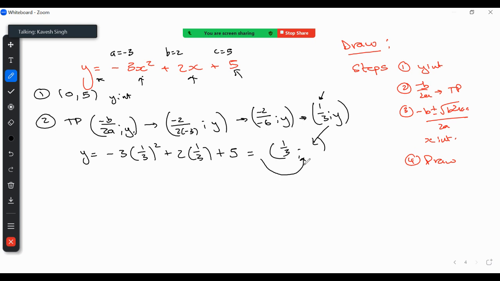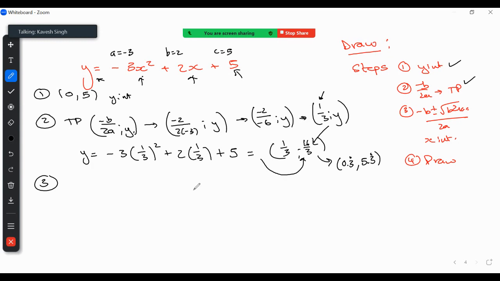That comes to 5.3 recurring or 16 over 3. So this is the same as 0.3 recurring and 5.3 recurring. We now have that. We have our turning point. We can go to step 3.